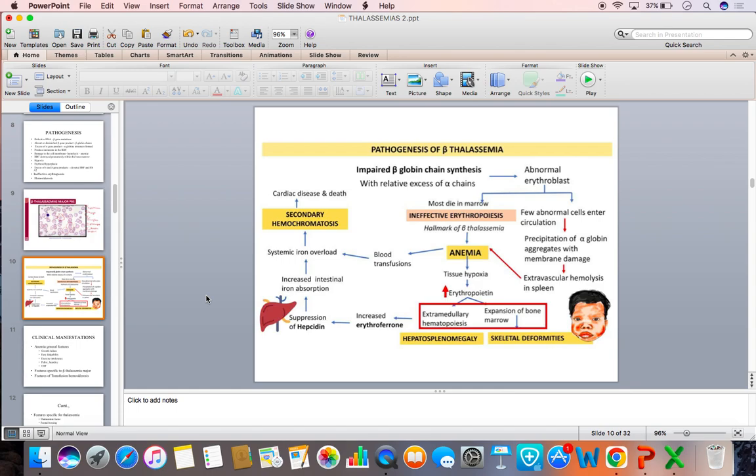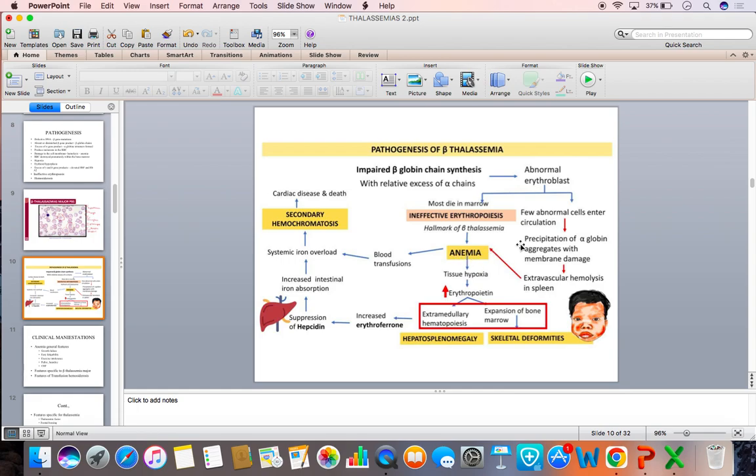There is a relative excess of alpha chains, resulting in abnormal erythroblasts with alpha chain tetramers, etc. Most of these cells die in the bone marrow, resulting in ineffective erythropoiesis, which is the hallmark of beta thalassemia. That results in anemia.